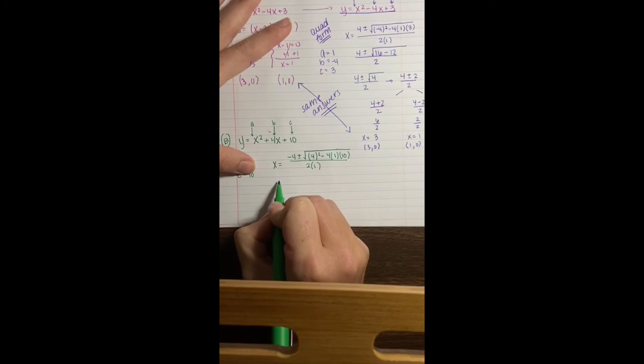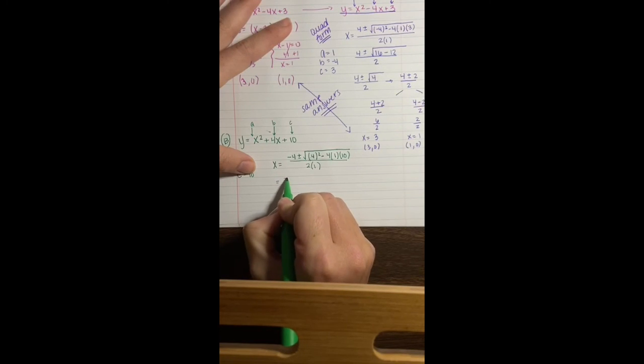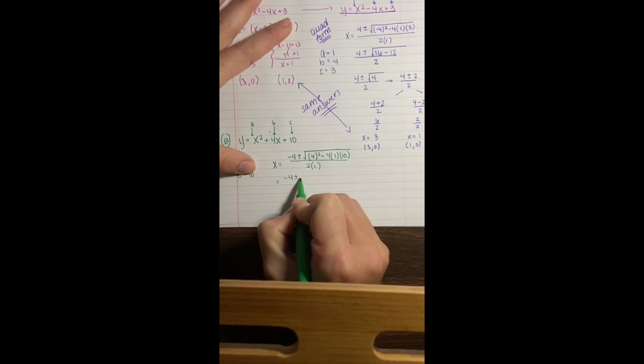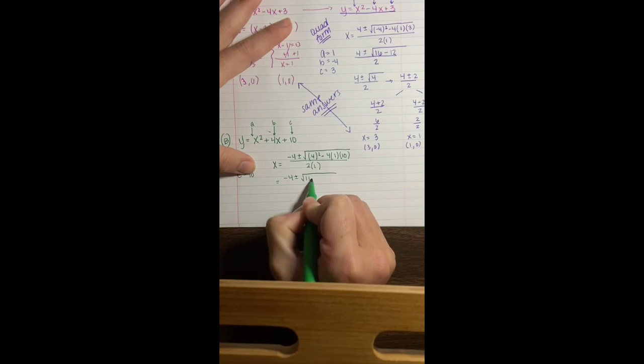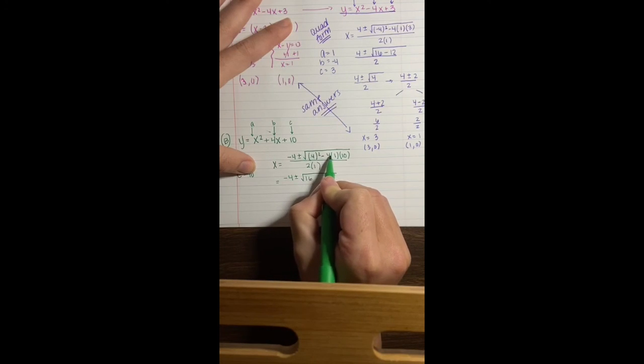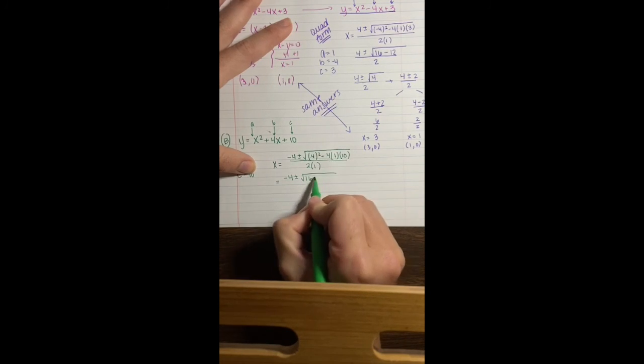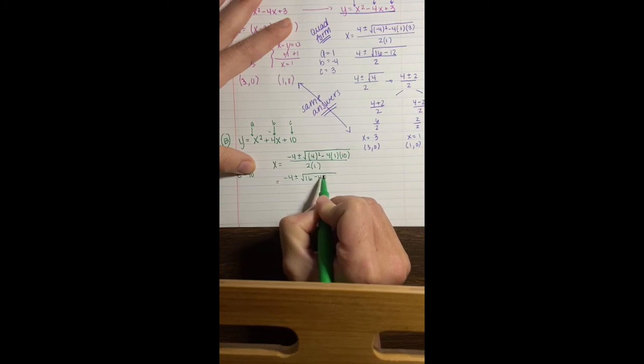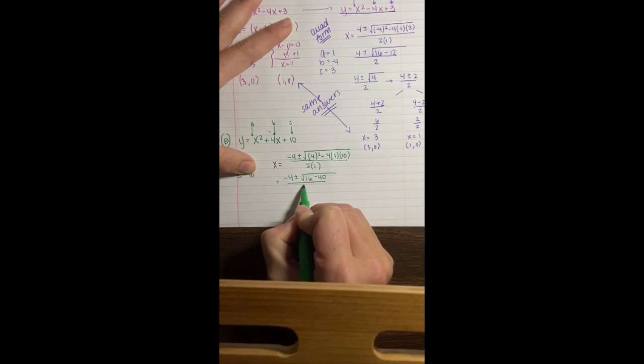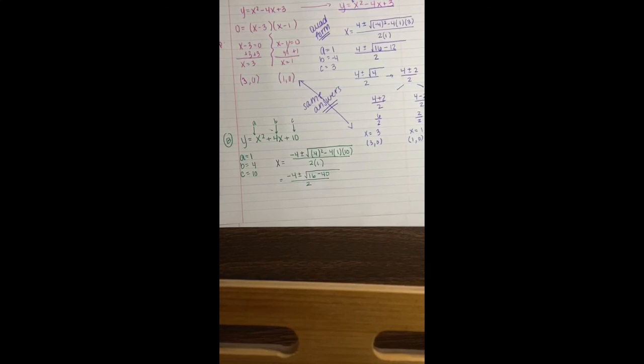We're going to start simplifying this. This gives me negative 4 plus or minus the square root of 16 minus 4 times 1 times 10, so minus 40, all over 2.